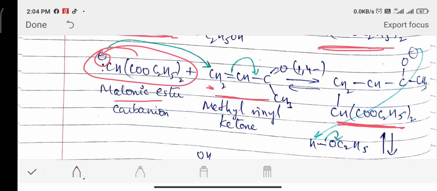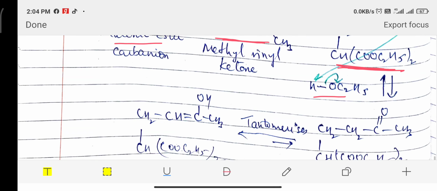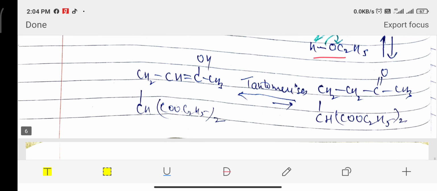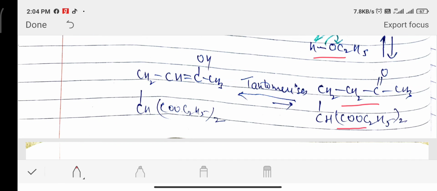And then in the presence of alcohol, it abstracts hydrogen. This oxygen carrying negative charge, these electrons move to this, and this oxygen now with negative charge abstracts a proton from the alcohol, and we get this product, which tautomerizes to this.